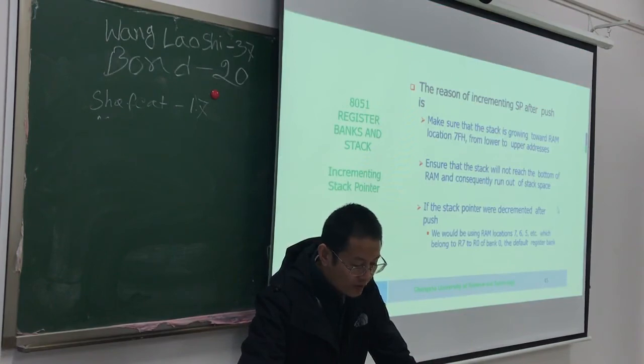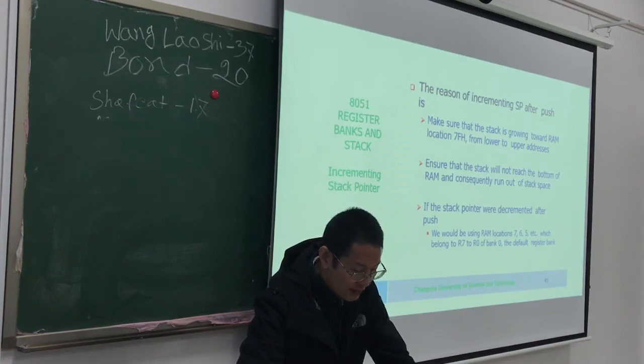The reason for incrementing SP after push is to make sure that the stack is growing towards RAM location 7FH, from lower to upper addresses. This ensures that the stack will not reach the bottom of the RAM and consequently run out of stack space.